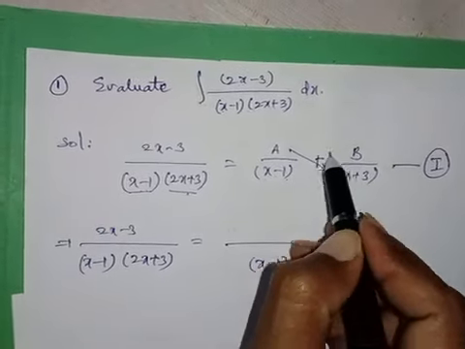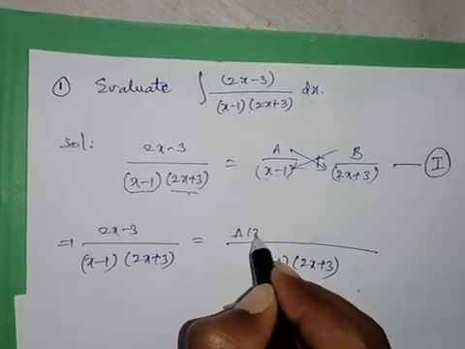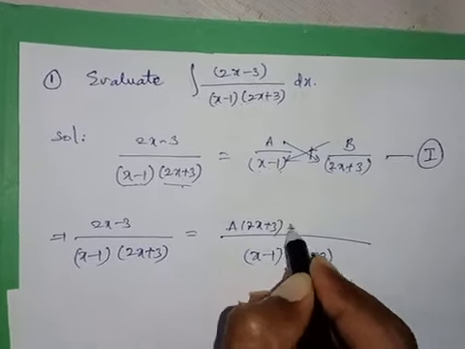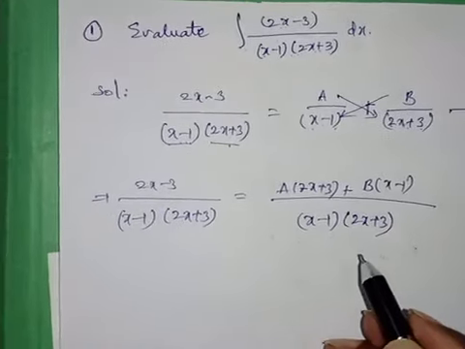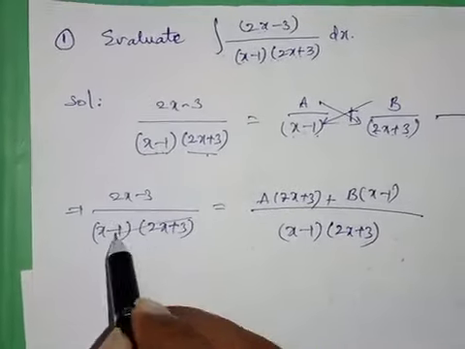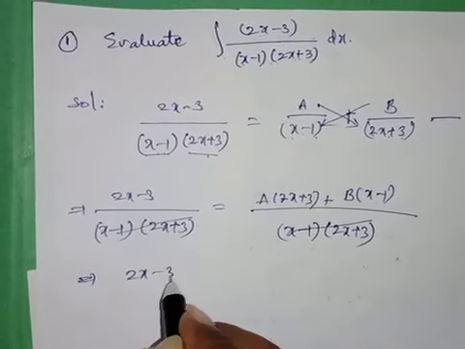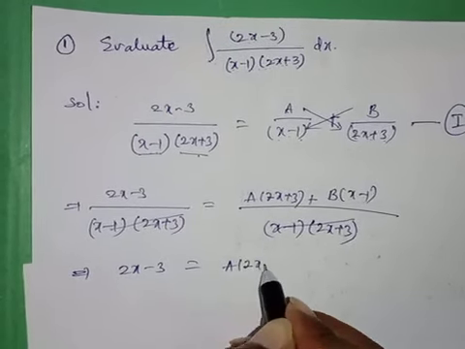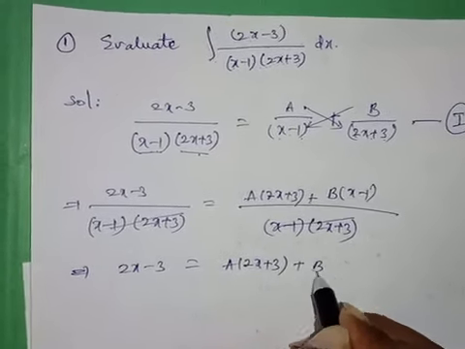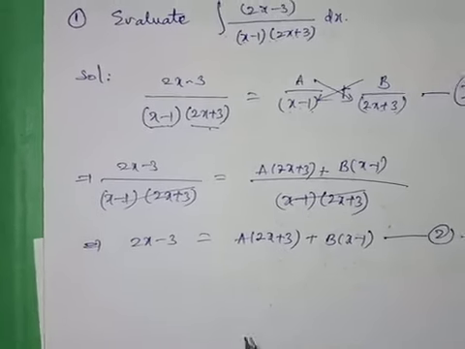Then cross multiplication: A into (2x + 3) plus B into (x − 1). Now observe both sides the denominators are equal, so they get cancelled. The remaining is 2x − 3 equal to A(2x + 3) plus B(x − 1). Consider it equation number 2.